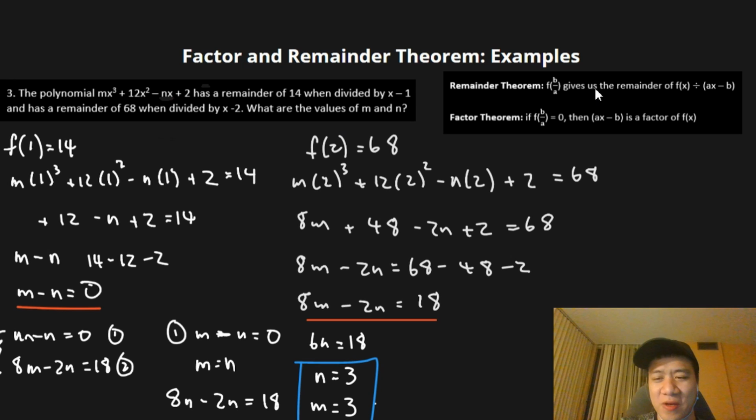From the remainder theorem, if we substitute 2 into our function, we should get 68, which is our remainder. With the same process, we achieve this equation. Then down here, we have m minus n equals 0 and 8m minus 2n equals 18. We're able to use systems of equations to solve for both m and n, and this is the entire process of doing so. And there we go, that's example number 3.